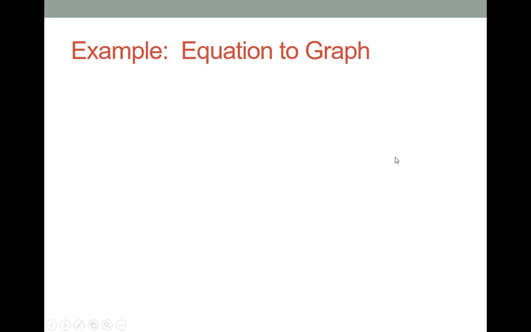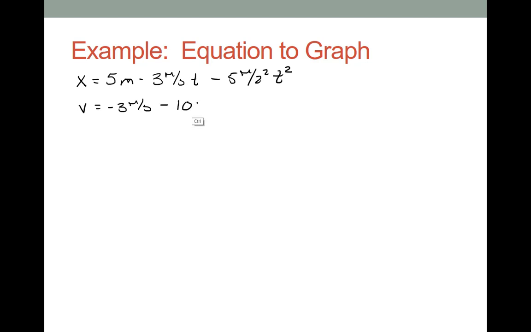So for example, if I were to give you the equation x equals 5 meters minus 3 meters per second t minus 5 meters per second squared t squared, and v equals negative 3 meters per second minus 10 meters per second squared t, could you graph them?